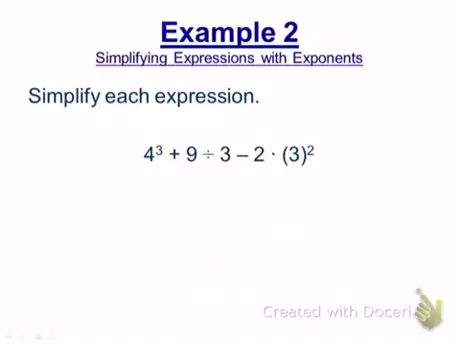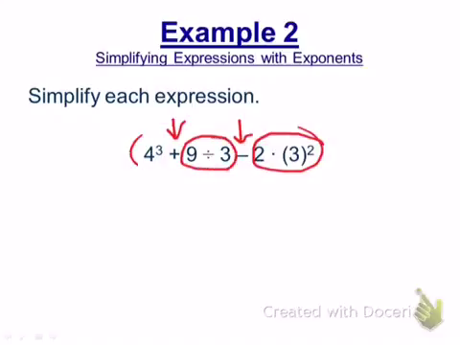So here I've got a plus sign in the previous example. I should have pointed this out then. We have a plus sign there and a minus sign there. So that kind of divides the problem into 3 different problems, 3 terms, if you will. And we can do each one of those terms according to the order of operations.